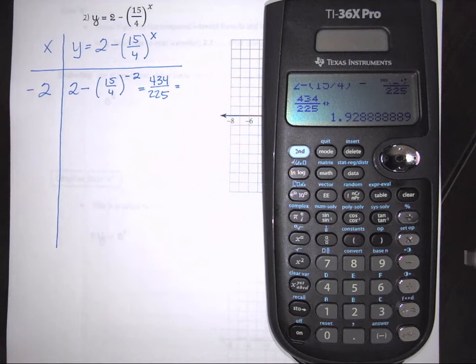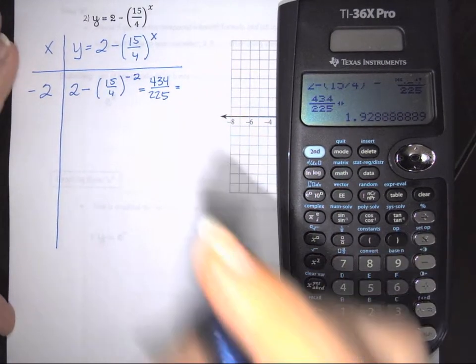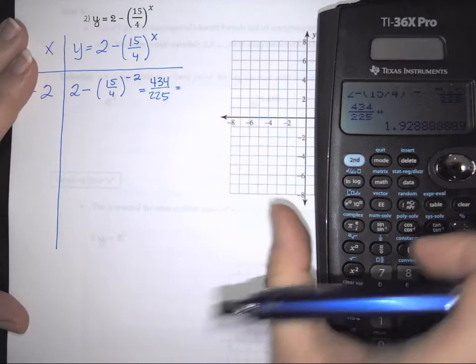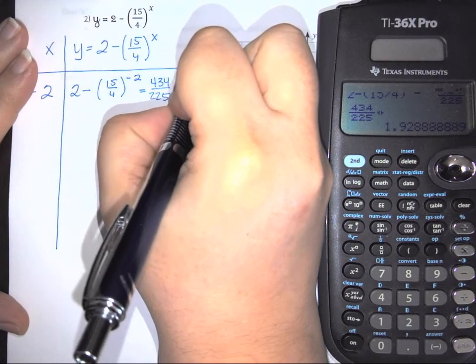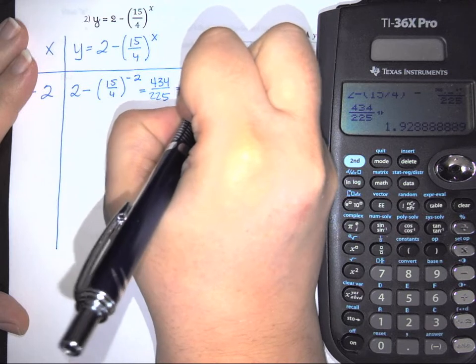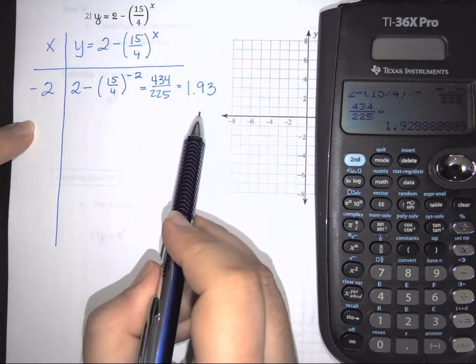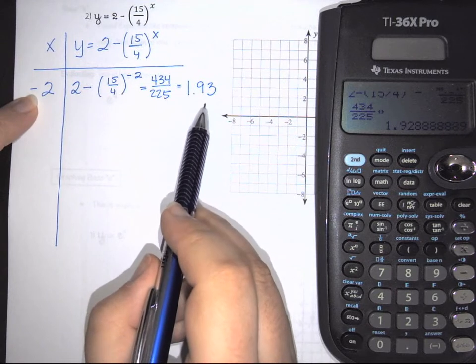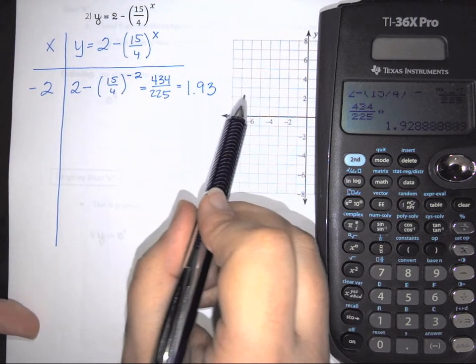Now some of the other calculators that are out there, if you were to put this equation in and hit enter, it would automatically give you the decimal. But the whole point is that we need to know kind of roughly where we're sitting. So this would be 1.93. Right here, this should tell you that we are getting really close to just simply approaching the 2 line.